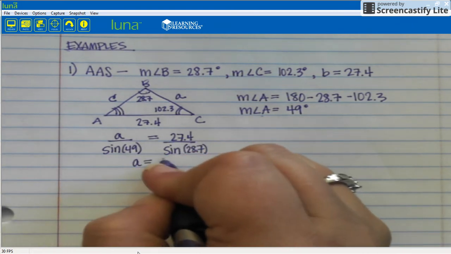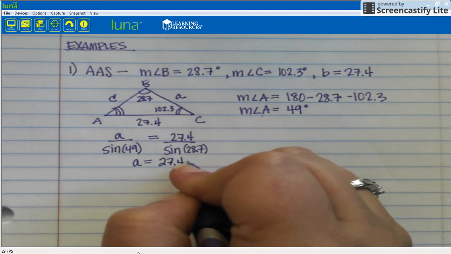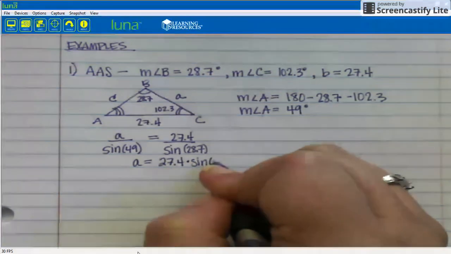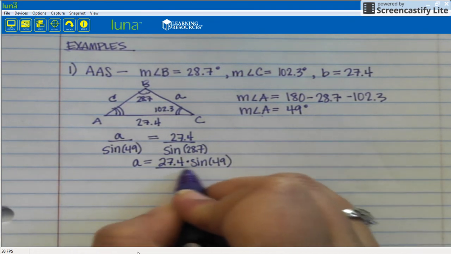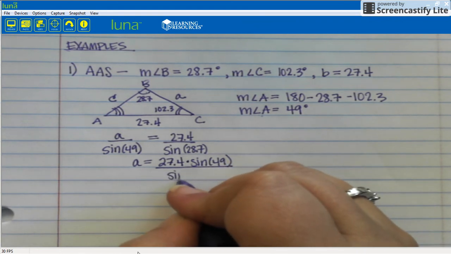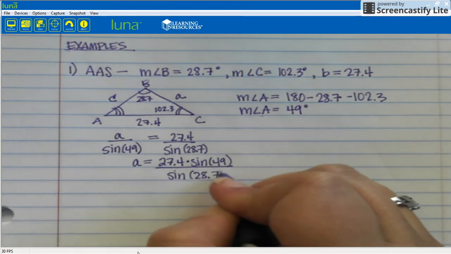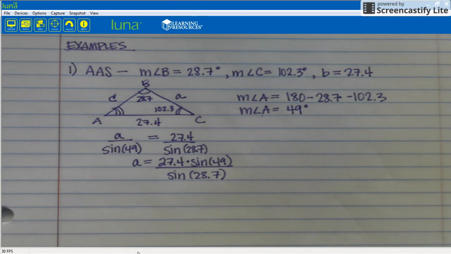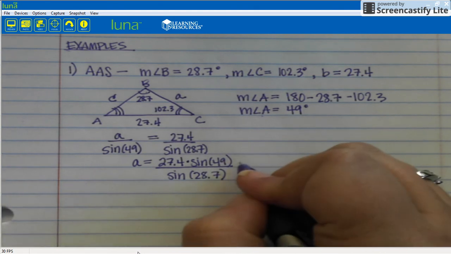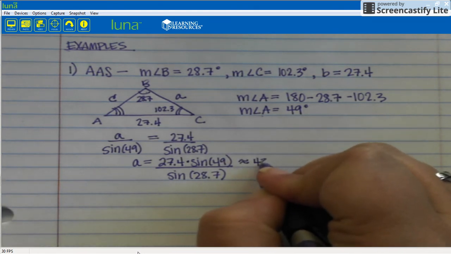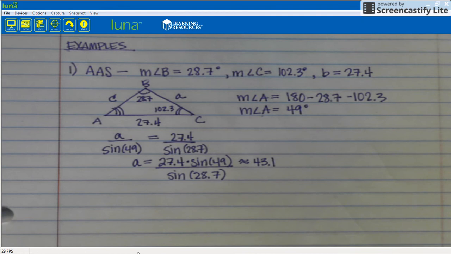So a is equal to 27.4 times the sine of 49 divided by the sine of 28.7. And so I plug this into the calculator and I let it do all of the fancy legwork, and this is going to give me approximately 43.1.